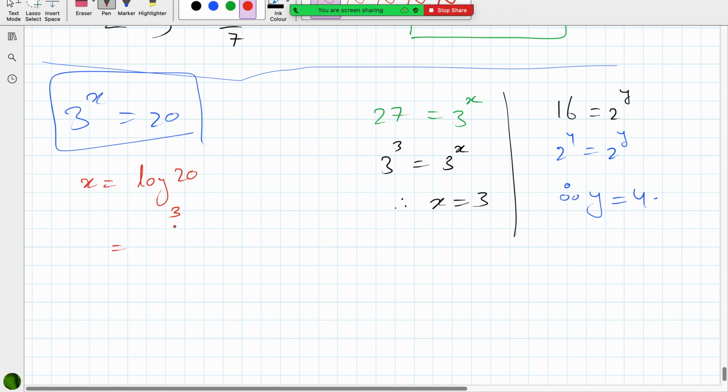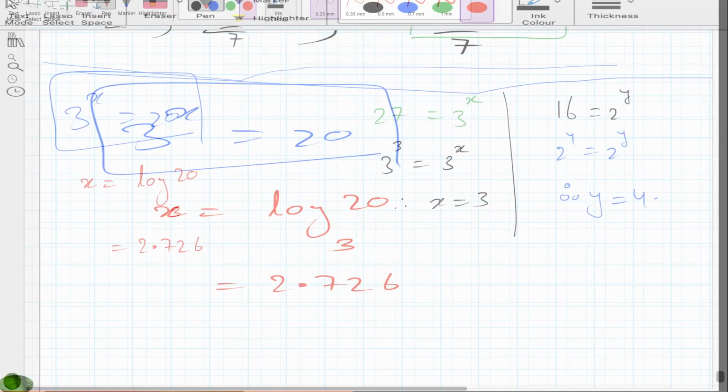So log of 20 to base 3 is 2.726. So this is how we do it.